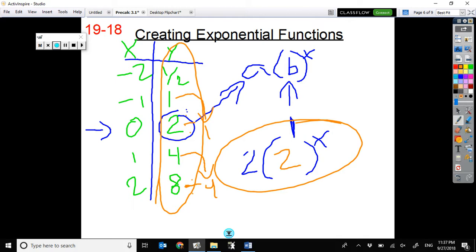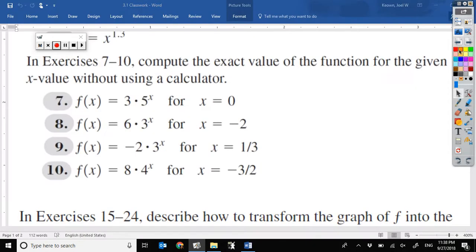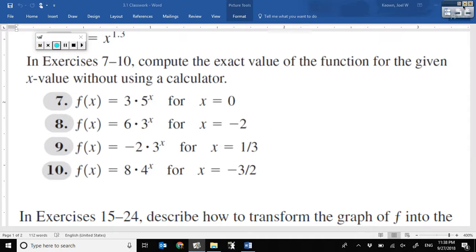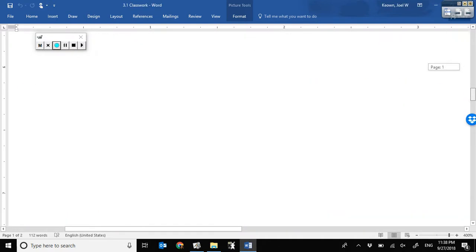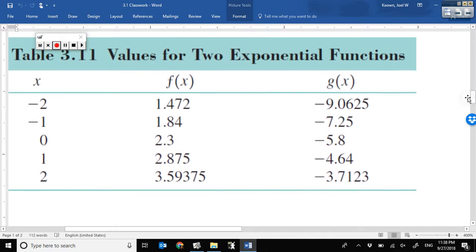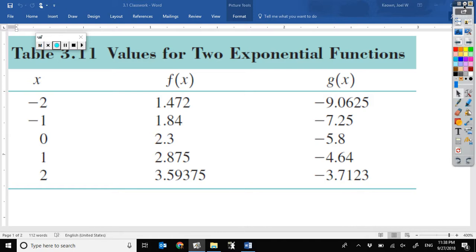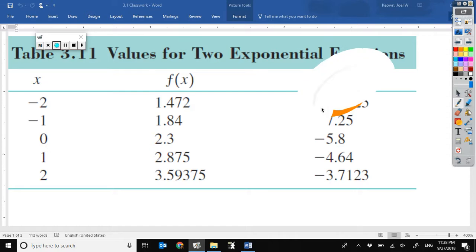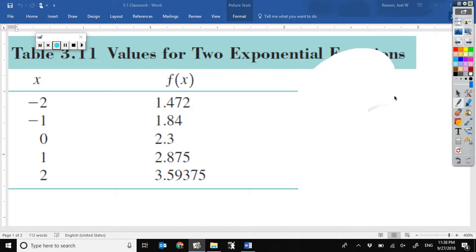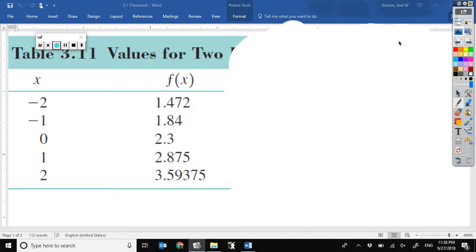Well, let's see how that looks on your paper. So if I scroll down to this one right here, I'm going to look at this one, which is actually number 19.